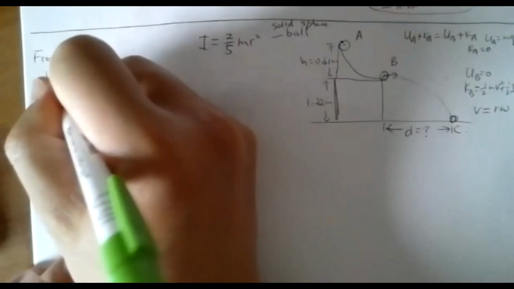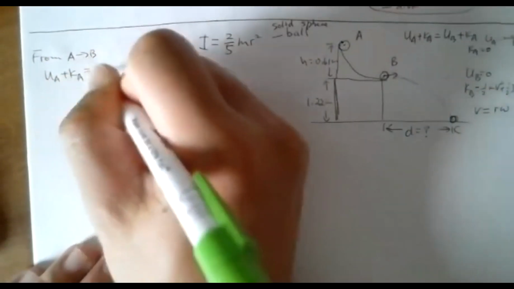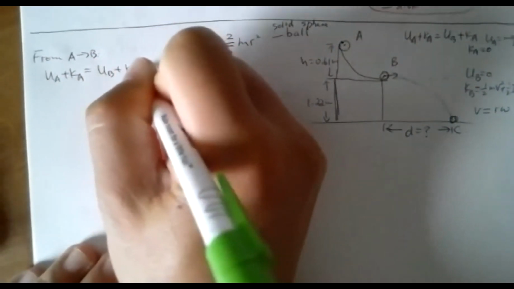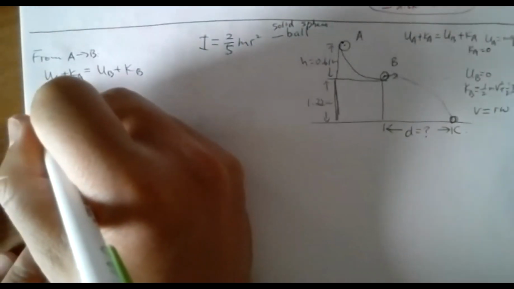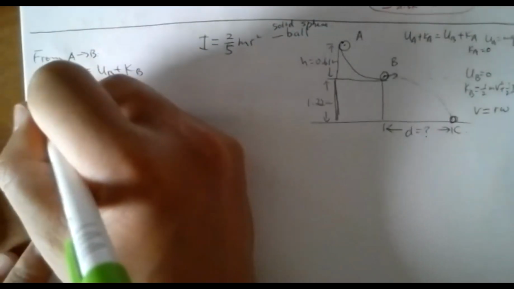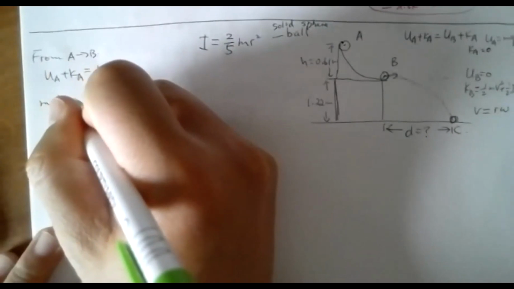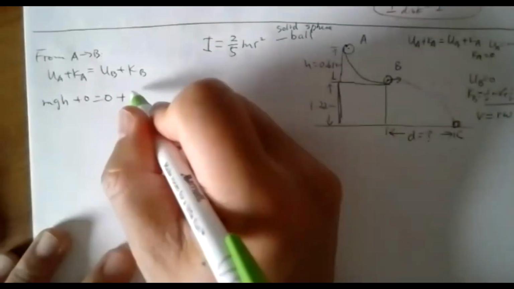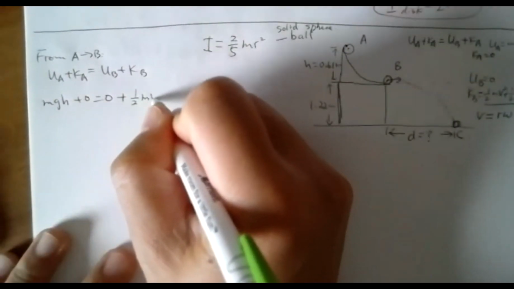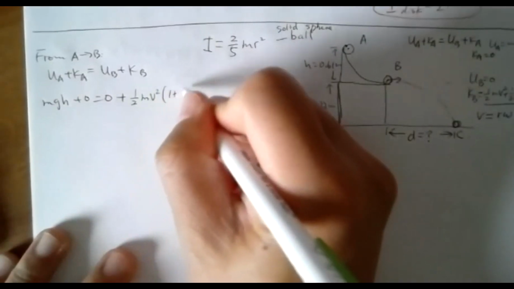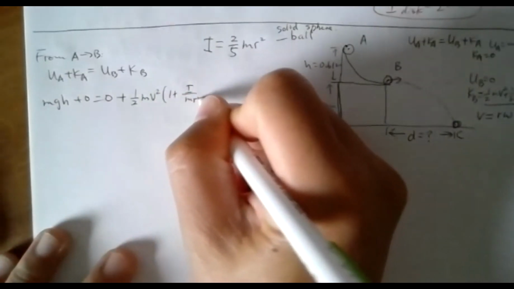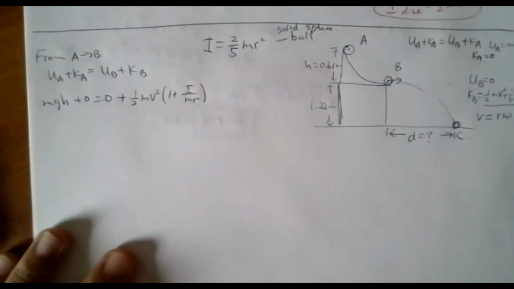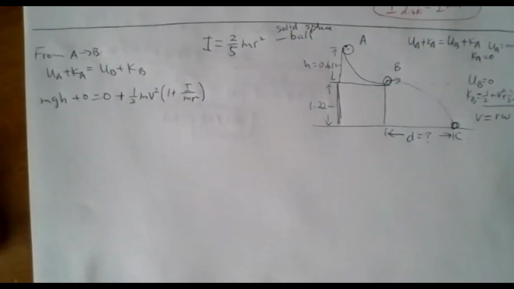So from A to B, you have that UA plus KA equals UB plus KB, where UA is mgh, and KA is 0, UB is 0 plus these two combined. Those two combined should be mv square times 1 plus I divided by mr square, the combination of the kinetic energy and rotational energy.